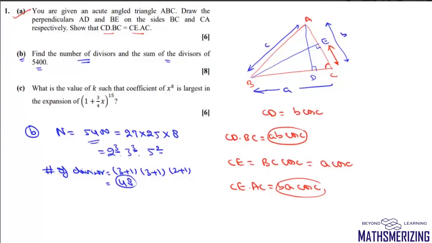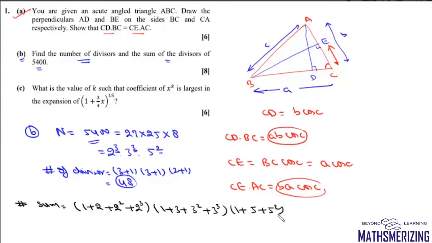Next we need to find sum of all the divisors. So we know that sum of these divisors will be 1 plus 2 plus 2 square plus 2 cube into 1 plus 3 plus 3 square plus 3 cube into 1 plus 5 plus 5 square. So that is the sum of all the divisors. Now this is 1 plus 2 plus 4 plus 8.